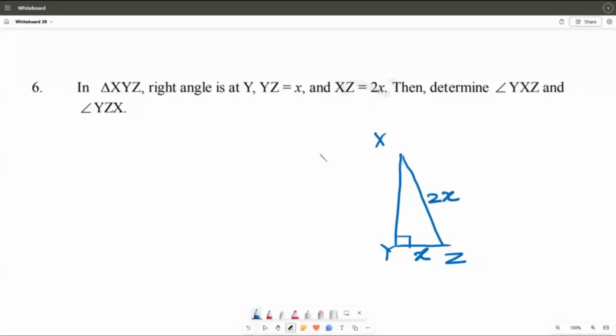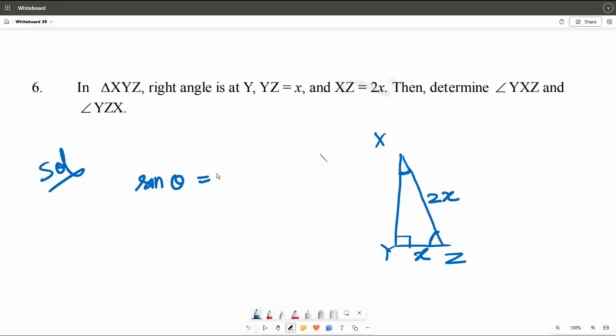We need to find the values of angle X and angle Z. With respect to angle X, we have the opposite side and the hypotenuse. Since we have the opposite side and hypotenuse, it is the ratio of sine.